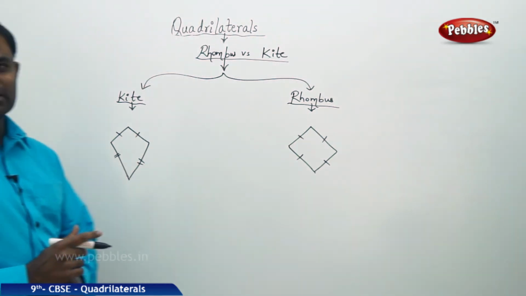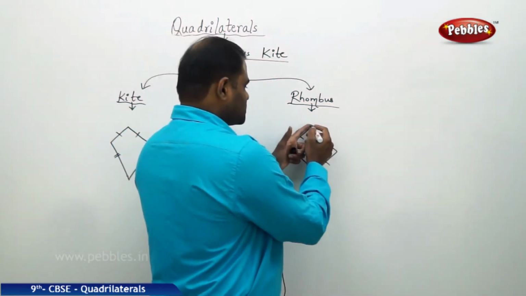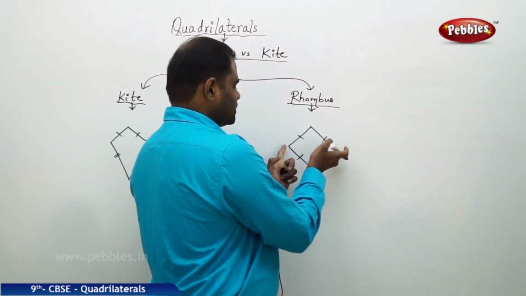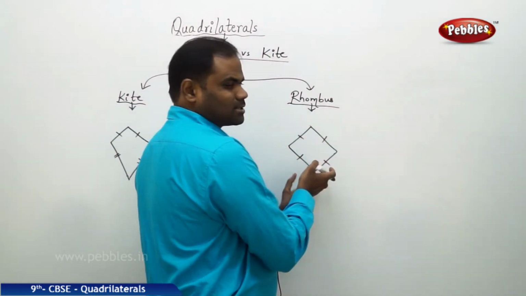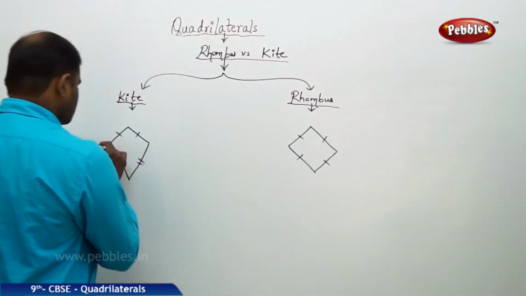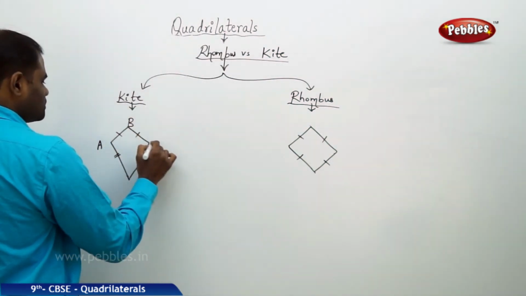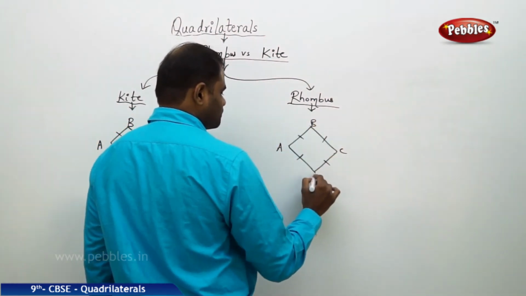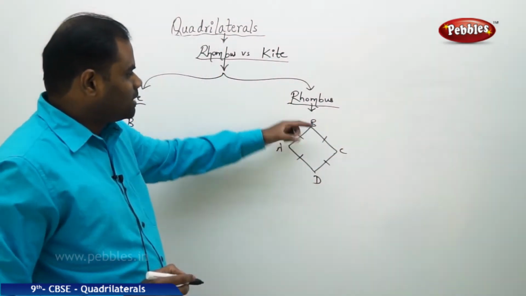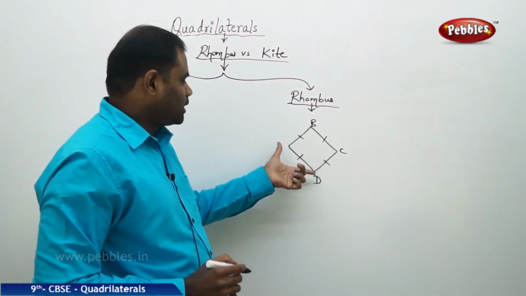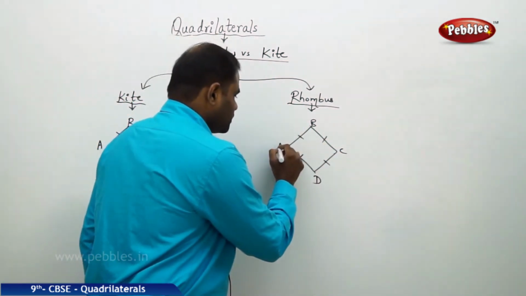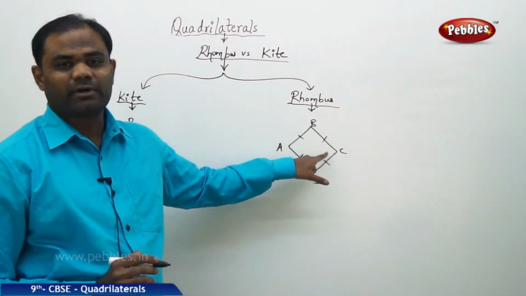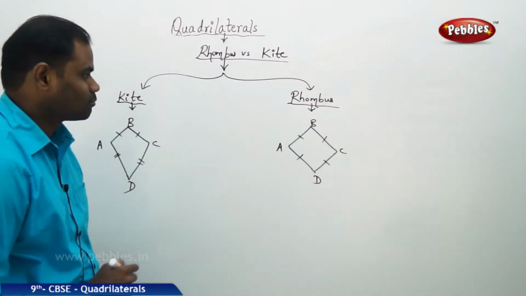Therefore, this clearly satisfies that my adjacent sides out here being this and this are equal, and my adjacent sides out here this and this are equal. That is, when I take it in the form A, B, C, D, my adjacent sides AB and BC are equal and AD and DC are equal. Therefore, I clearly understand that this satisfies the properties of a kite.